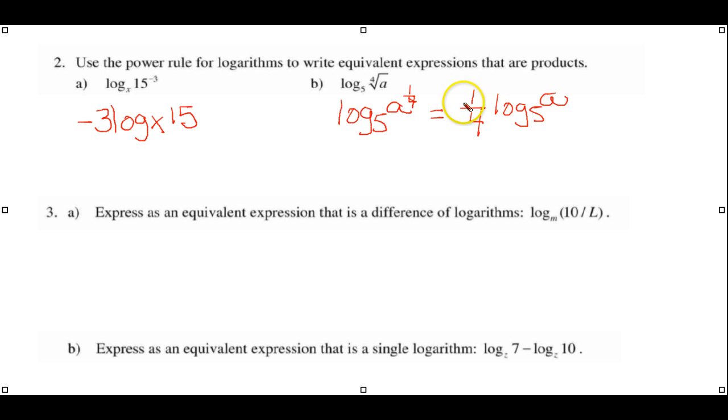And our final answer looks like this. Okay, so we're just giving you a new rule here. This is raising a power to a power, so we have to multiply. And we can indicate that multiplication by putting it in front of the log. We have to convert this radical from its radical form to its fractional exponential form, and then put this exponent in the front.